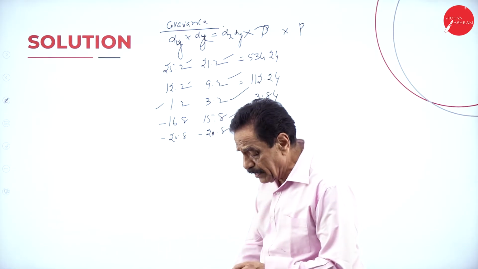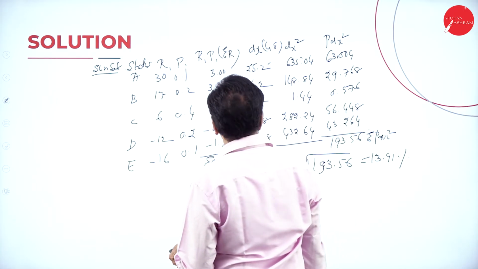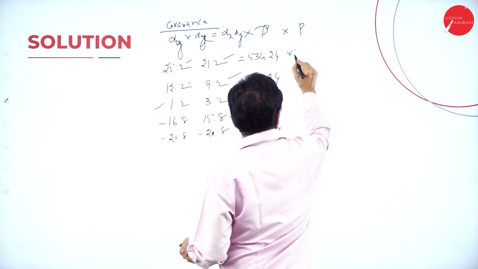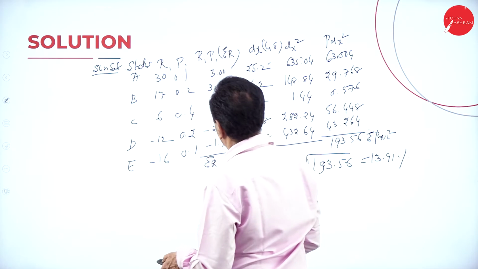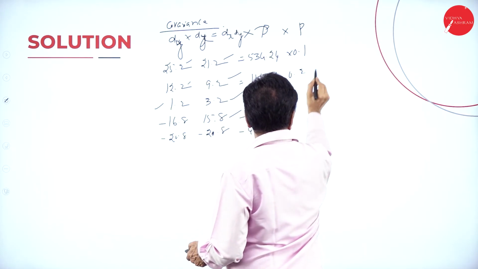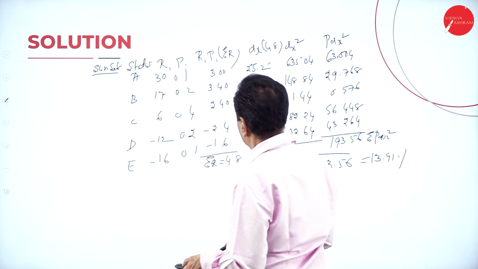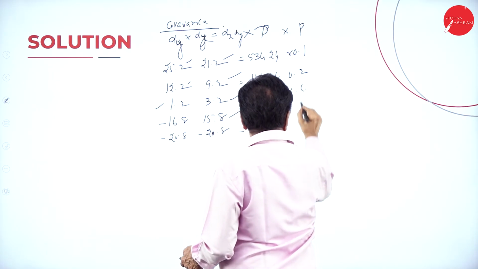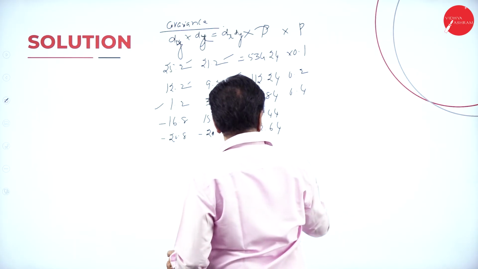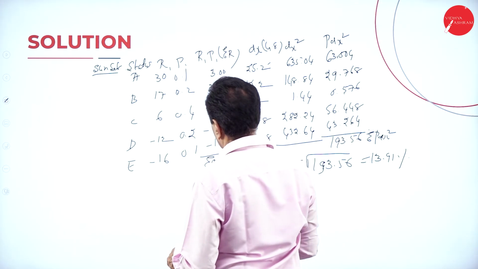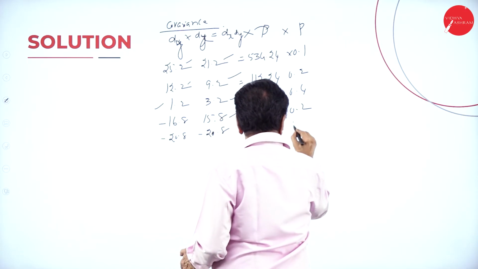What's your probability now? 0.1, 0.2, 0.4, 0.2, 0.1.